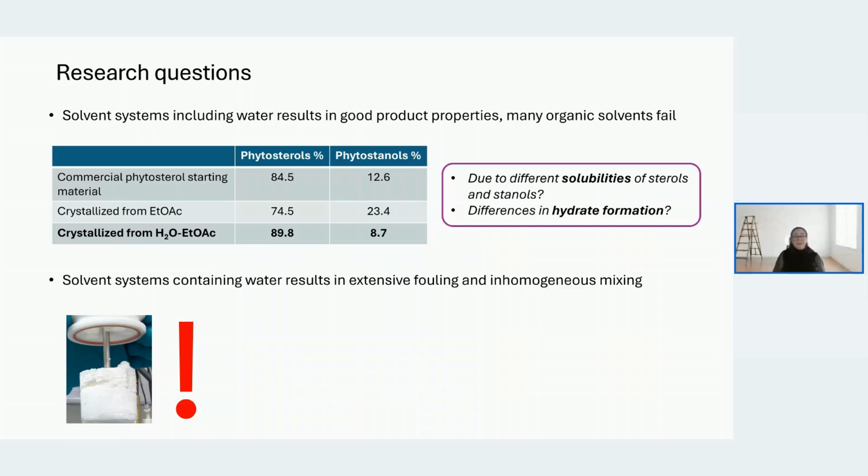Is it because of different solubilities of sterols and stanols, or can there be some differences in the hydrate formation? In the previous slide, I mentioned that different hydrated forms are reported in the literature for phytosterols, but actually there is no information regarding phytostanols. So that's why that topic gained our attention.